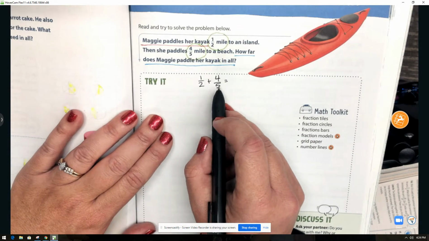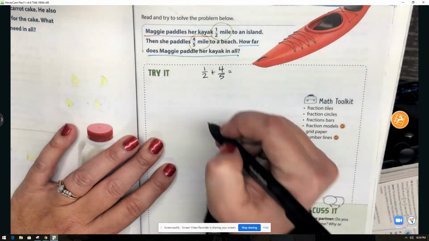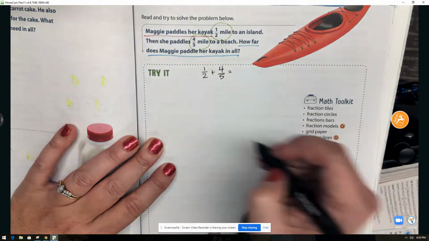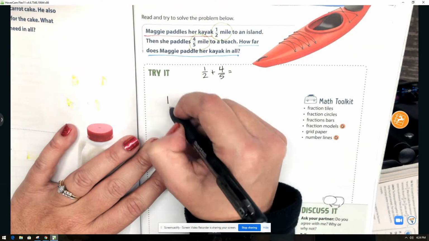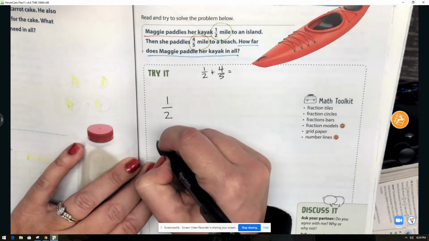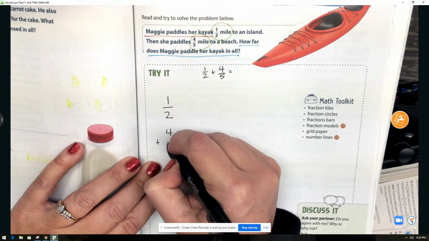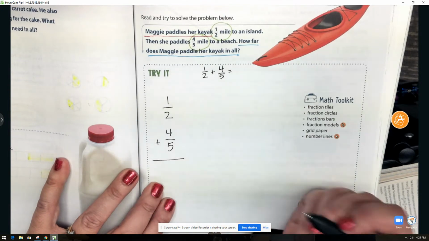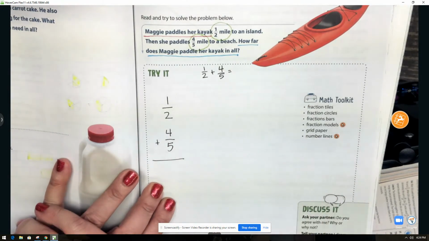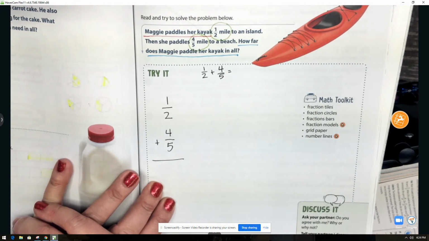So the first thing you're going to do is write the two fractions in sandwich formation. That means you're going to write them on top of each other, because it's easier to work when the two fractions are written going up and down, since we're going to be making these into equivalent fractions.